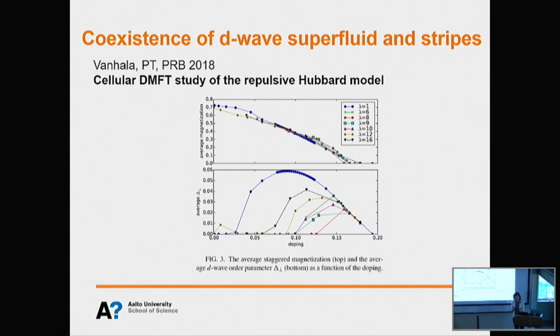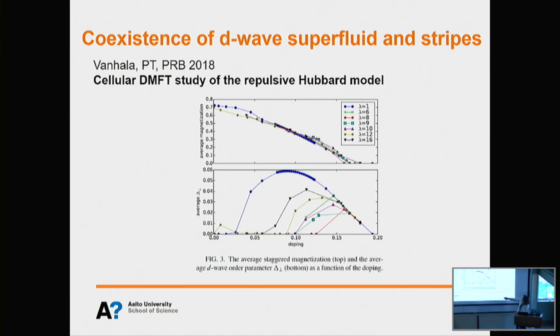But there are also suggestions that this is competing with a stripe phase, where the magnetization is modulated in space. People have looked at both of those things with advanced methods, but we now looked at both of them at the same time with cluster DMFT so that we can go beyond mean field. And we found that they can coexist.